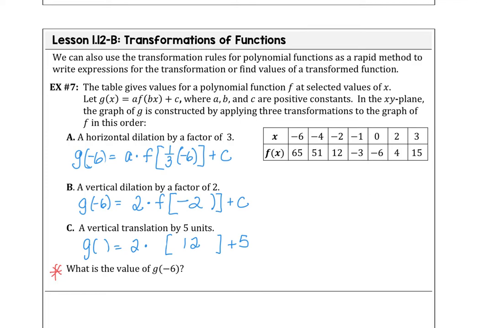So 24 plus 5, g of -6 is going to be 29. And we found that value for g of -6 using the transformations in the order that they suggested: the horizontal dilation, the vertical dilation, and then the vertical translation.